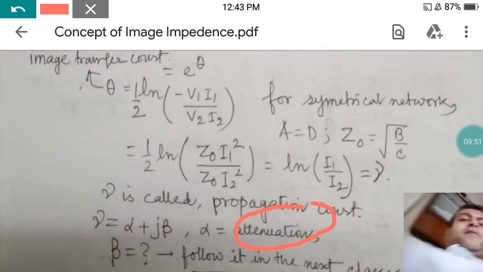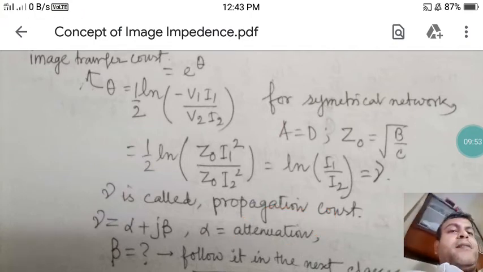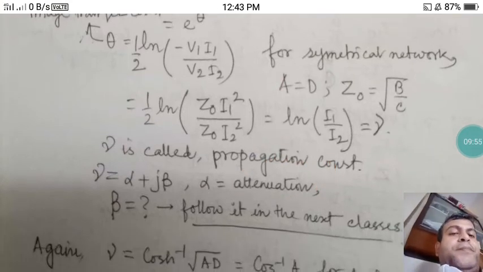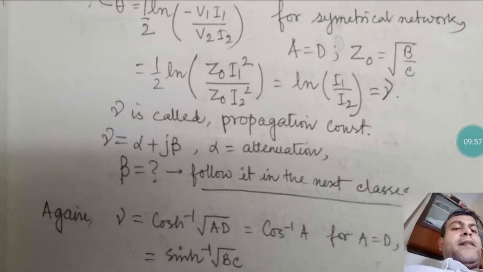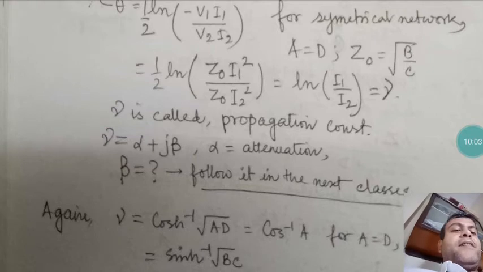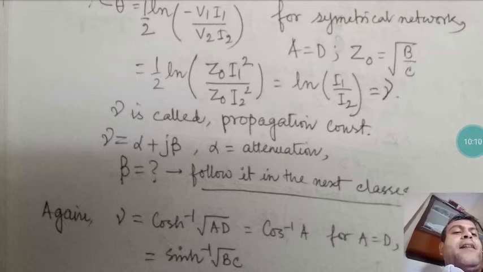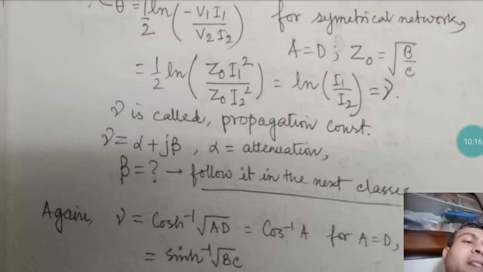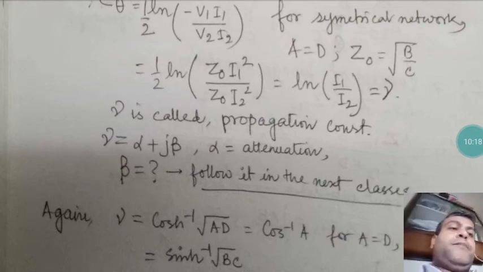If you go much deeper, what is gamma? Gamma equals cosh inverse of root over AD, and it is basically cosh inverse of A, because A equals D, so root of A squared is A. Otherwise it can be written as sinh inverse of root over BC.